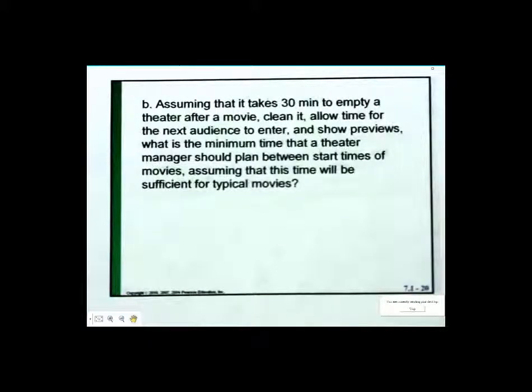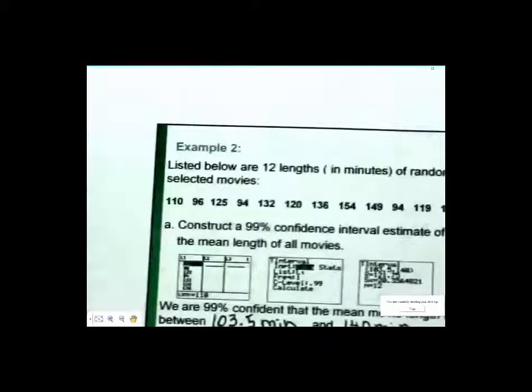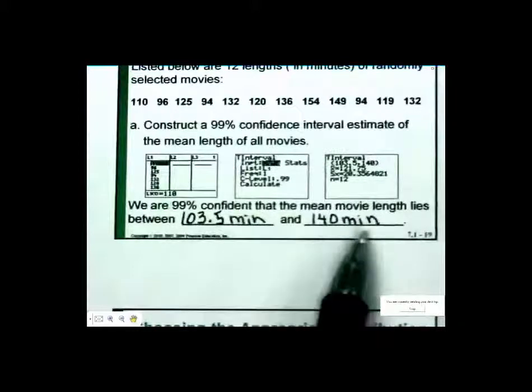Well, the average movie is going to last somewhere between 103.5 and 140 minutes. Which end of the range should you use if you don't want to take chances on running people out 30 minutes before the movie's over? You better use the upper one.